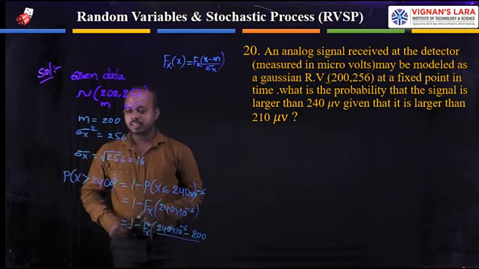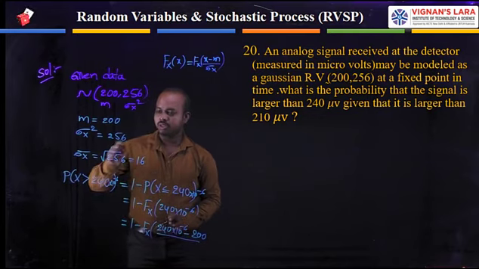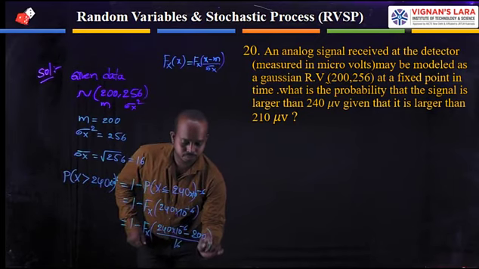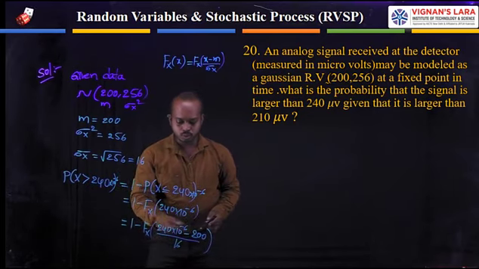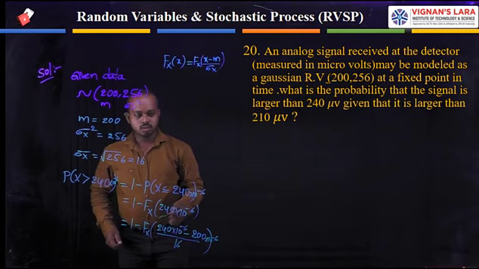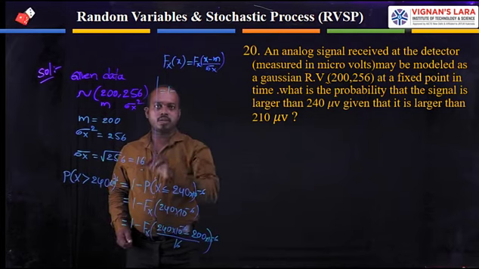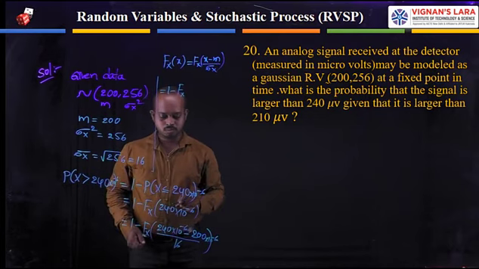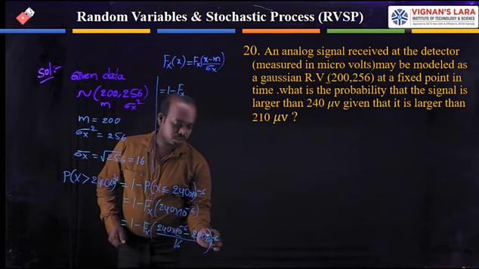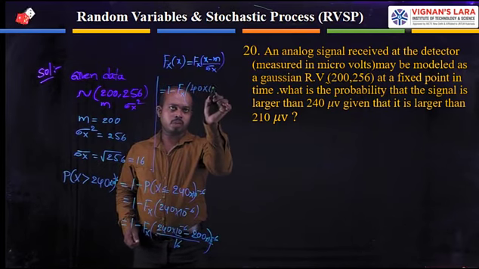The mean quantity can also be taken in terms of microvolts, divided by the standard deviation, which is 16. You can simplify this one. The total value carries 10 power minus 6, so we obtain 1 minus F of (240 minus 200) into 10 power minus 6 divided by 16 into 10 power minus 6.